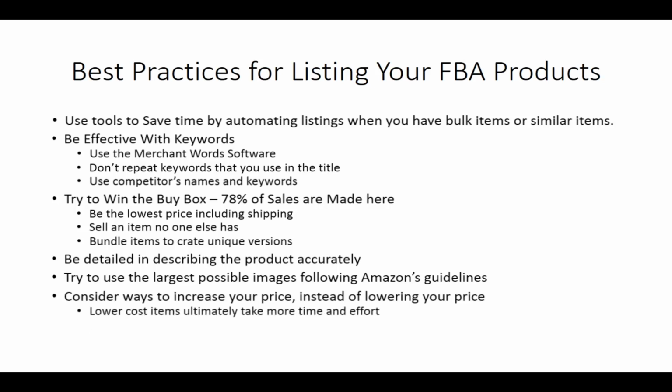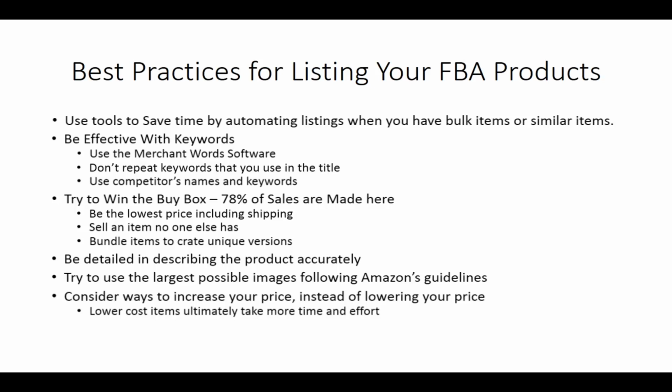One of the reasons is that lower cost items ultimately take more time and effort, and you want to be as efficient and effective with your time as you can. One of the ways you do that is you find ways to get your buyer to spend more. That doesn't necessarily mean they're getting less value. You do want to make sure that when the buyer does the math in their head, they're ultimately getting more value.